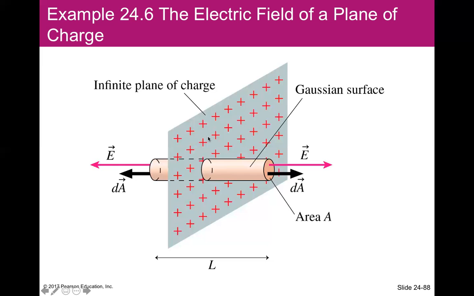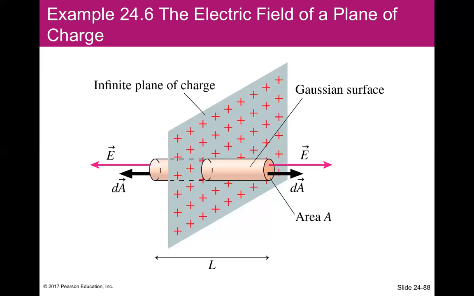And then let's check the field lines. First of all, do any field lines go out of the side surface of the cylinder? No, the field lines should always be perpendicular to the plane, which is parallel to the side surface.